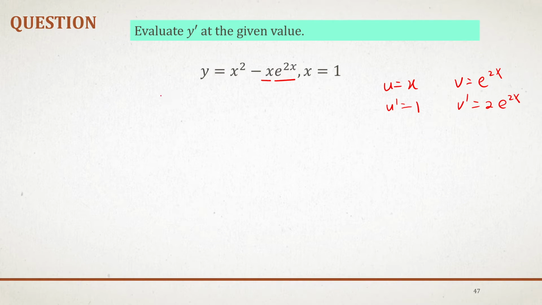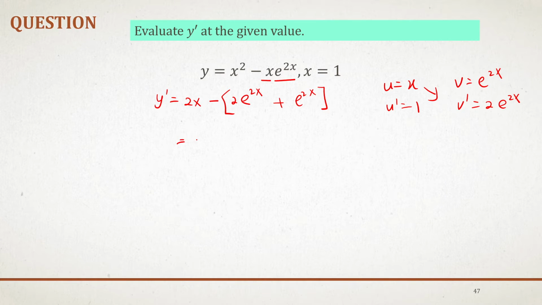So y prime: differentiate x squared is 2x, minus, u v prime is x squared times 2 e to x, and then plus e to x. Now, do I need to simplify or anything? No need, because the question says you need to evaluate y prime.